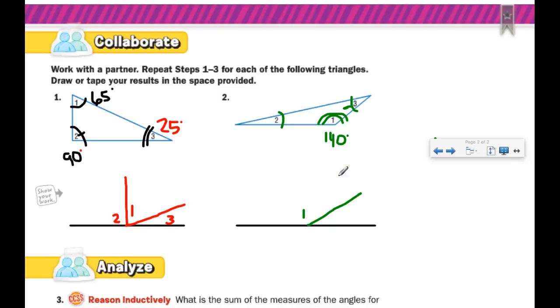So the only thing then I'm going to have to do to finish this off here is measure angle 2. And based on my measurement of angle 2, I'm looking at a measurement of about 12 degrees for angle 2. This guy is 12.